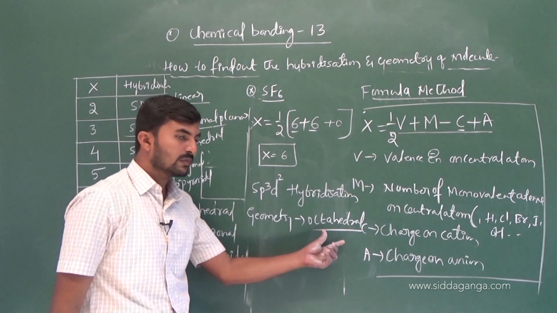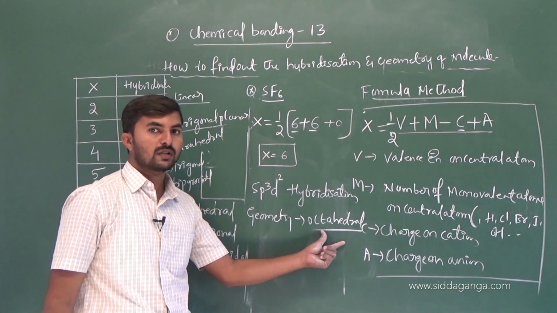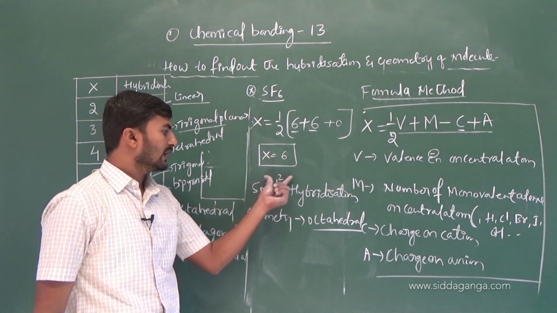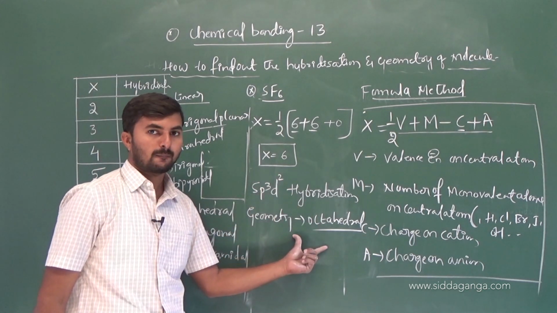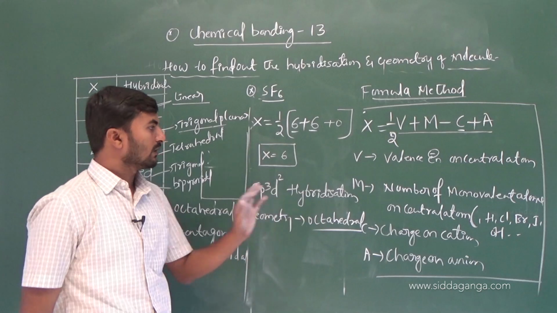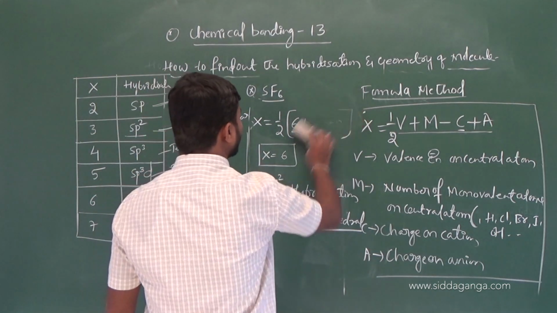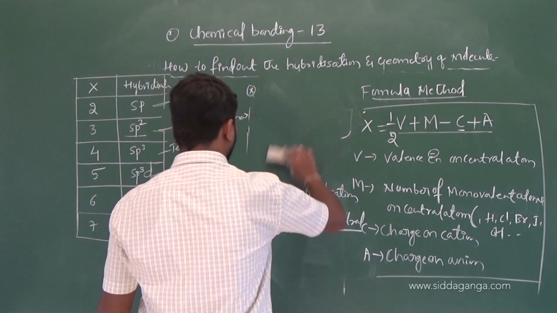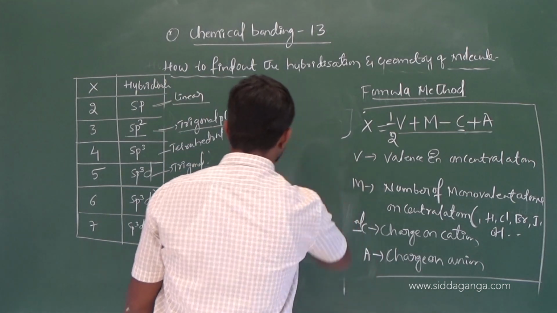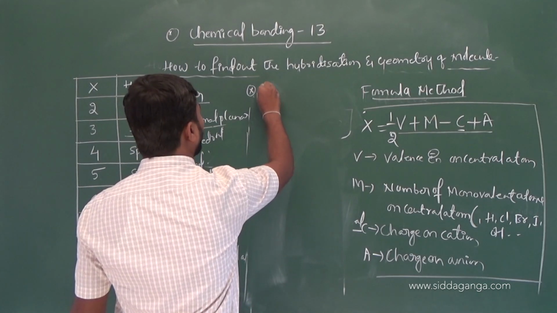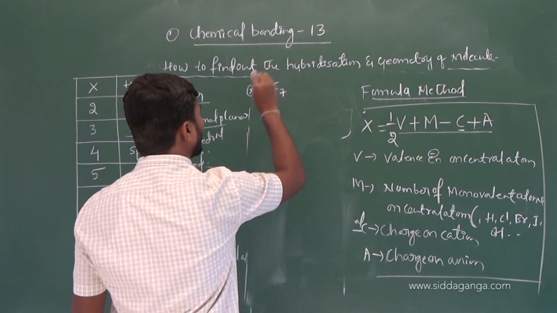And which type of hybridization is it? sp3d2 hybridization. Is it clear? Okay, next, we will move on to one more example, that is IF7.